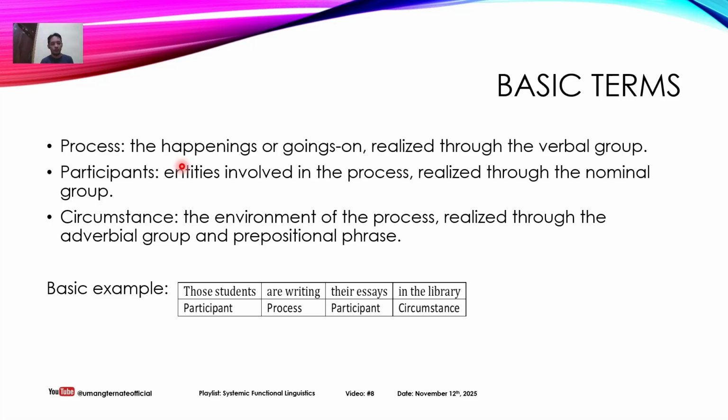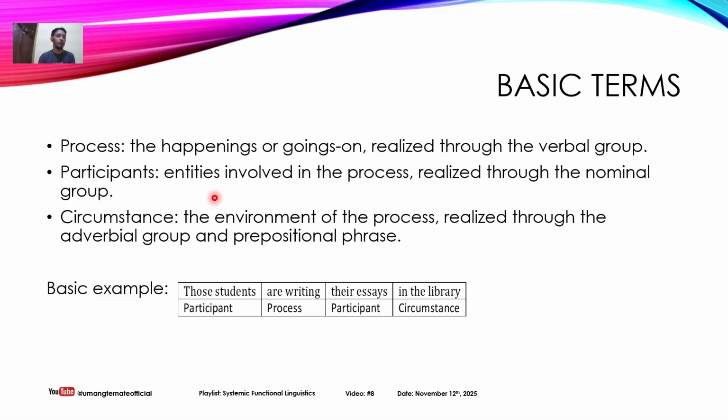Those are processes. Okay? Then the participants refers to the entities involved in the process, which are realized through the nominal group. And entities are not necessarily humans, but also objects, as long as they are involved in the process, whether as a subject, object, or something else.